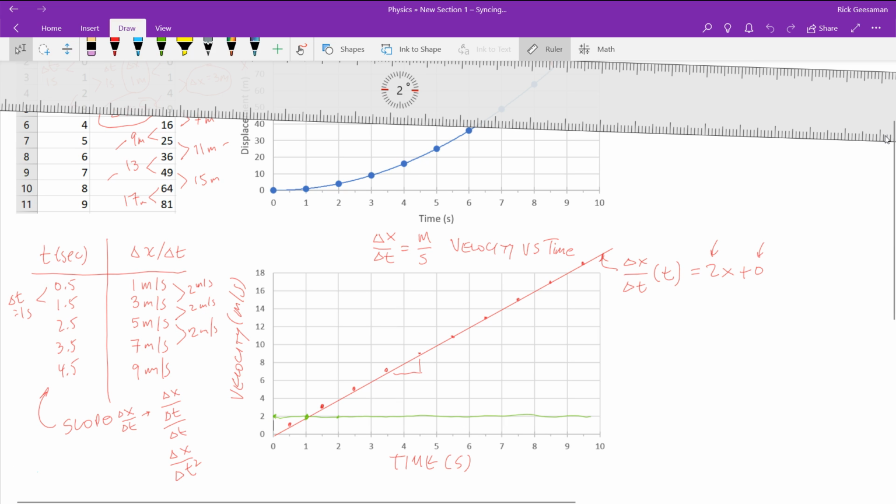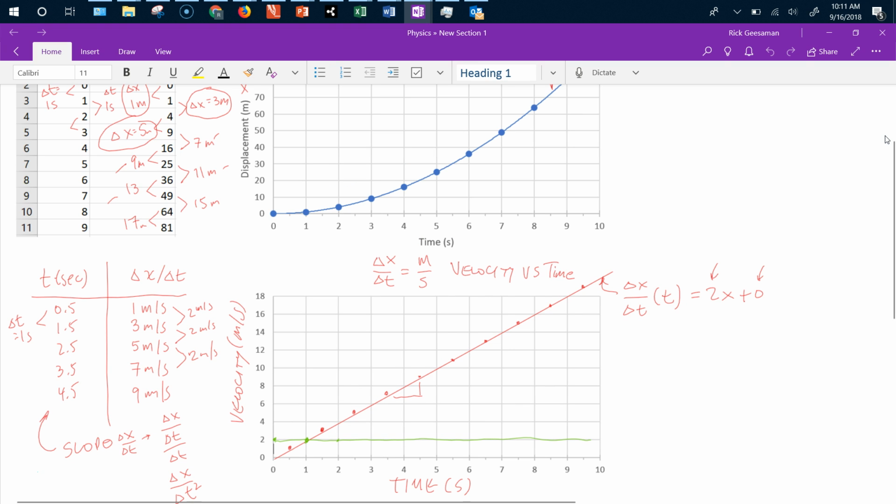Now remember that positive and negative signs truly mean direction. So if we're moving in a negative direction with a negative velocity, a negative acceleration, even though it's going to create a negative slope in velocity, if we're starting below 0 on the vertical axis, we're actually increasing the magnitude, because negative 2 meters per second to negative 6 meters per second, even though it's getting more negative, the magnitude is increasing.